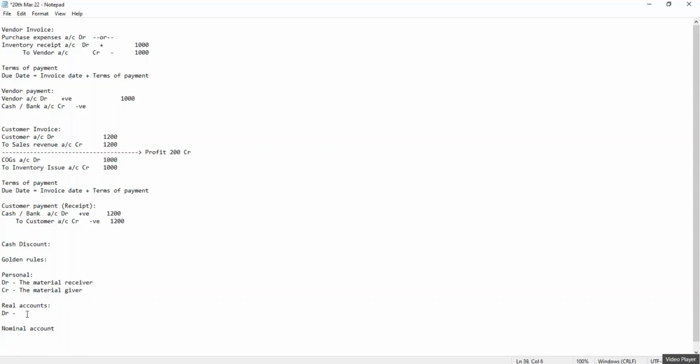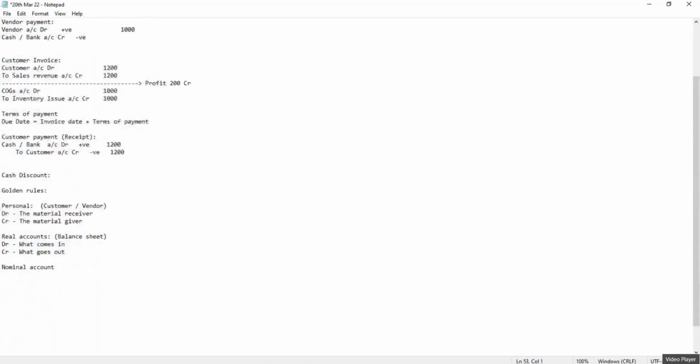Real account: debit what comes in, credit what goes out. Yes. So personal account means customer and vendor. The real account is for balance sheet accounts. The nominal account is for the income statement.